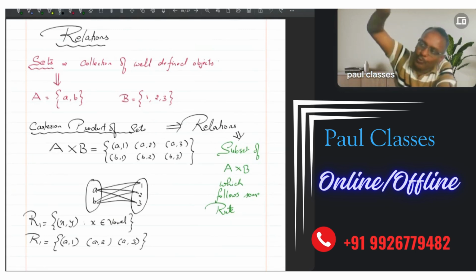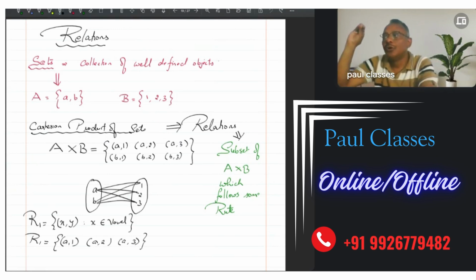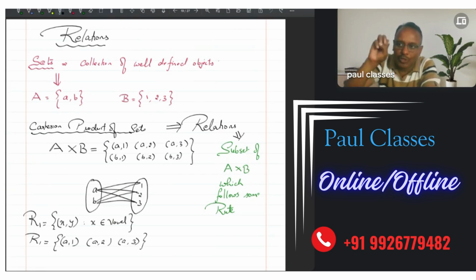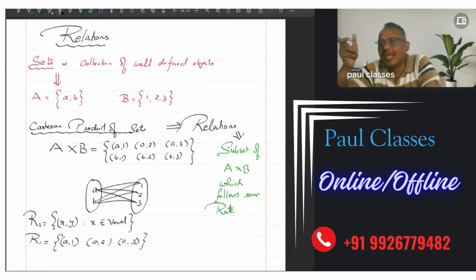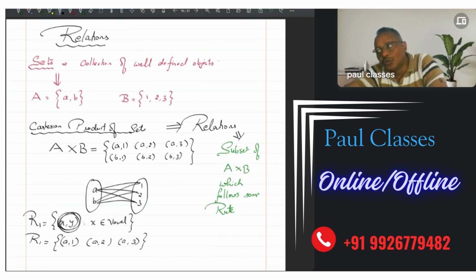In the Cartesian product all elements can come, while in a relation we just choose some of its elements and make a set. For example, I'll give you a relation. Say it contains those ordered pairs in which the first element has to be a vowel. So there is only one vowel, a, so (a,1), (a,2), (a,3) makes a relation.